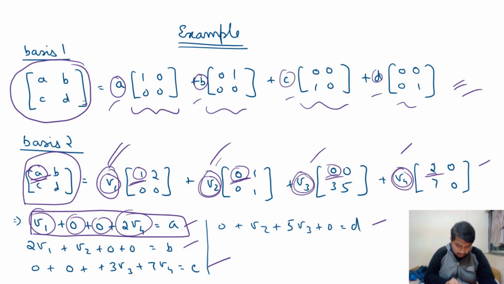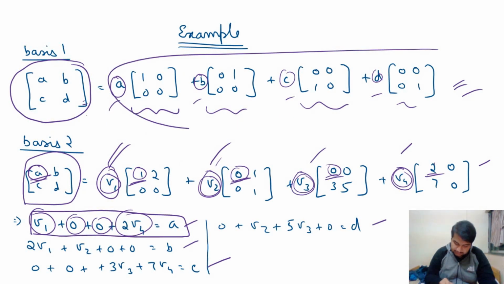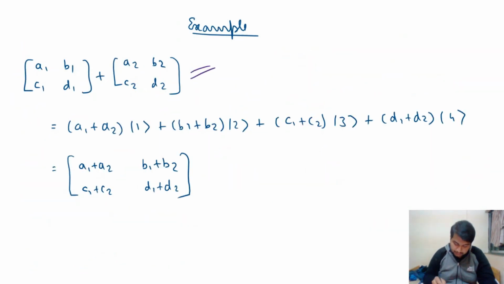Okay. So now let us also take this example to realize that to add any two vectors, we just need to add their corresponding components. This is easy to see if you consider the first basis.